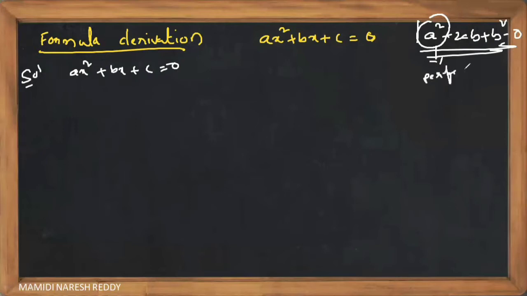Got it, children? So the first term must be a perfect square. What is our job, children? Our job is to make the entire equation a perfect square. Means we need to change it into the form of a square plus 2ab plus b square, so that our destination is a square. Means the first term must be a perfect square, children.